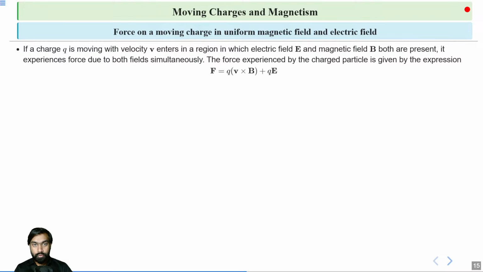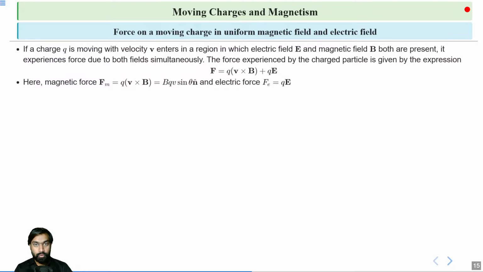So the total force F on the charged particle is F equal to q into v cross B plus qE. Here the first term, q v cross B, is the magnetic force, whereas the second term qE is the electric force.